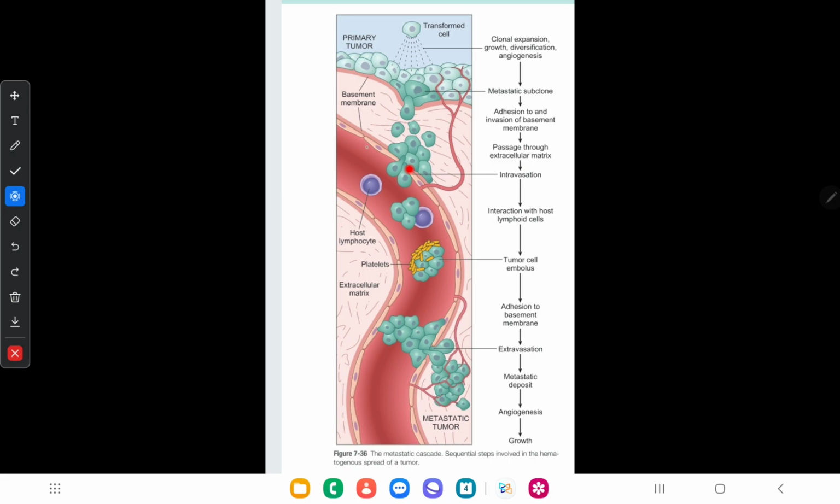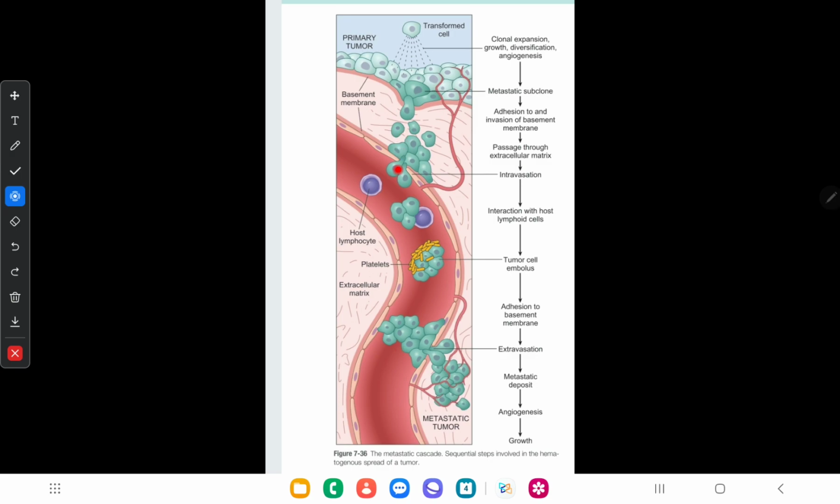After invasion of the basement membrane of the blood vessel, it comes into circulation and combines with host lymphocytes. Here you can see the metastatic subclone has combined with the host lymphocyte. Then it forms a tumor cell embolus and goes to distant places.